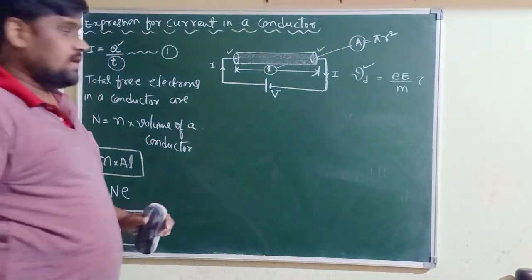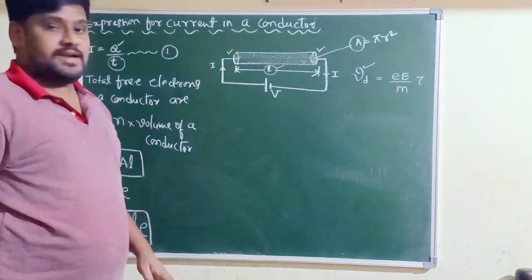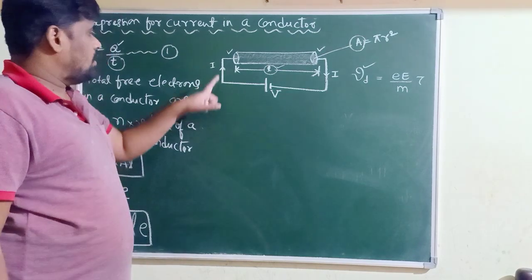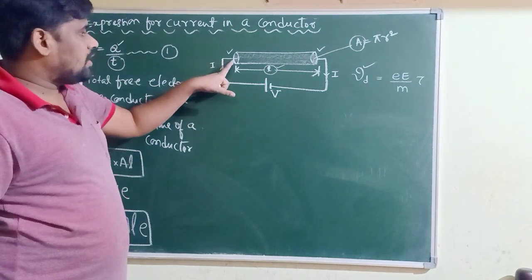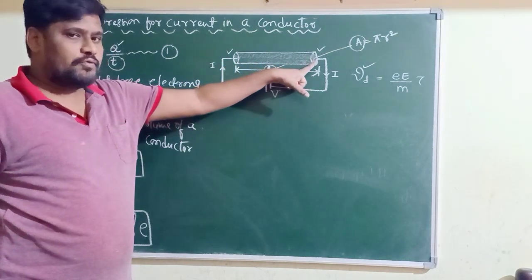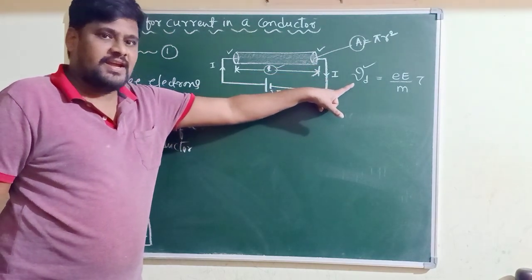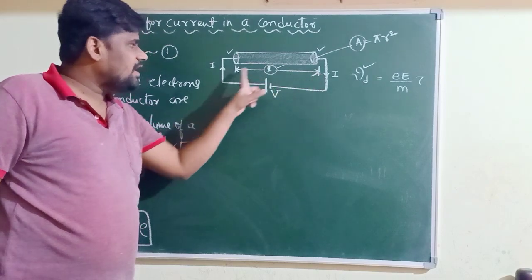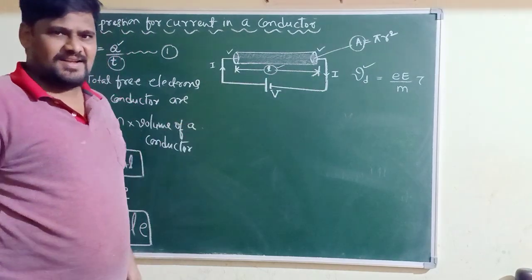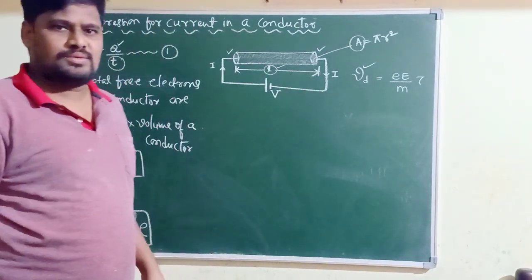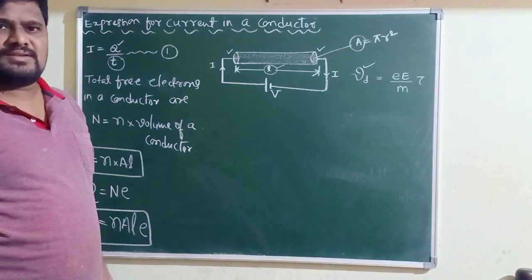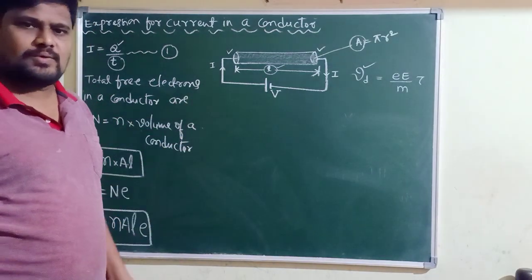Understand, charge is flowing from one end of a conductor to another end of a conductor with velocity Vd and it is traveling a distance of what? L. Now you know the velocity, you know the distance, then easily I can calculate the time.